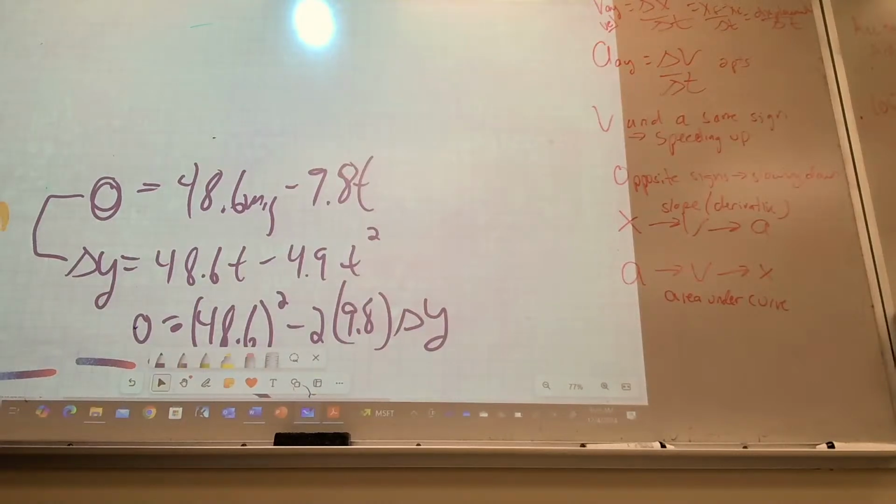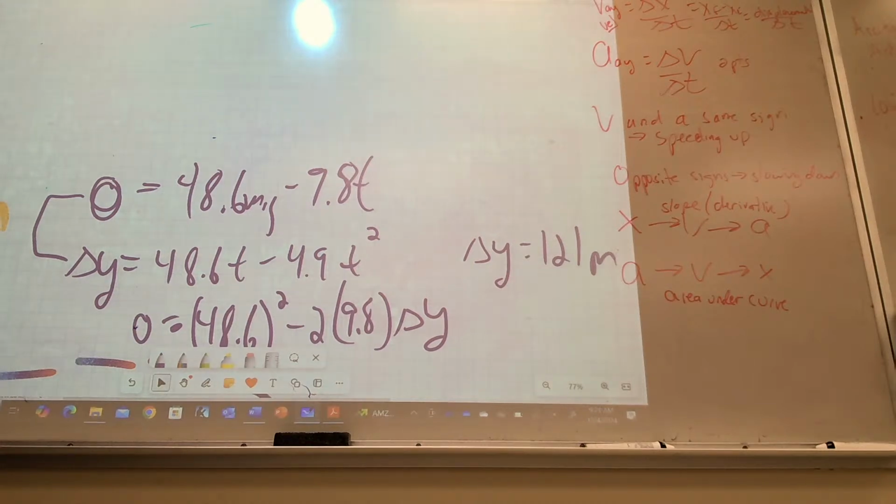Either way, you should get the same delta y. What's the delta y? Anybody? Not 120.29. 100 and what? 120.29. Good, watch significant digits. It's right around 121 meters.